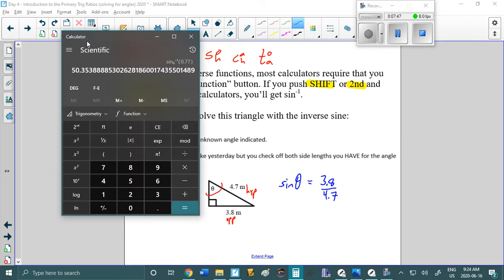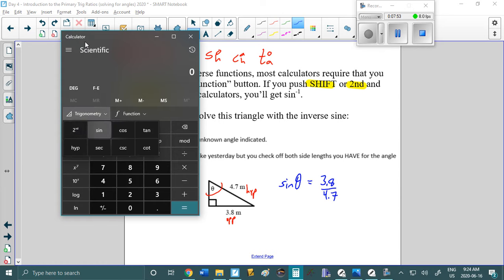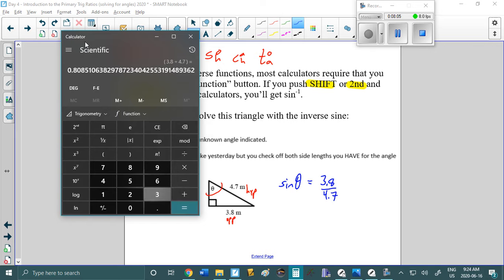If you have a two-line calculator, you would do it like this. Shift, second sine of bracket 3.8 divided by 4.7 bracket equals, and you would have your answer already. Obviously that doesn't work on a one-line calculator.